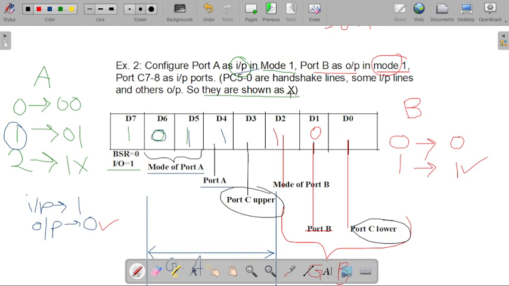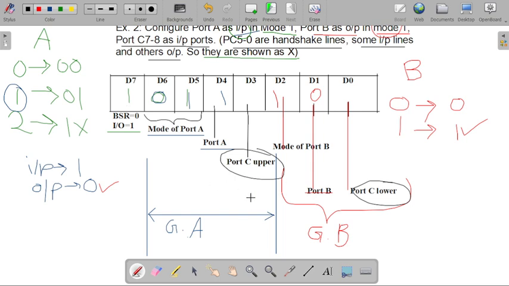Now in this example, port C7 and 8 will be considered as the input port and PC5 to 0 will be considered for handshake lines. And some of the input lines are there and some of the output lines are there. So this will be in a conflicting mode, so we are considering the don't care condition in case of this operation.